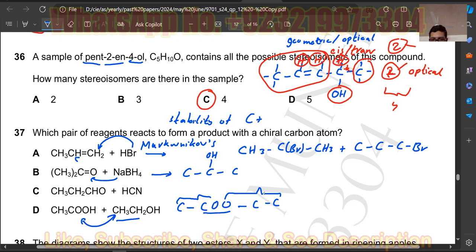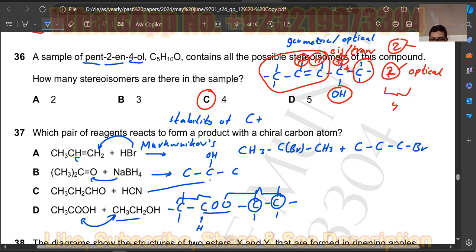Again, there is no chiral carbon because all the carbons have one or two similar bonds attached. It is CH3, it is CH2, and this has carbon double bonded oxygen and one bond over here and one atom over here, and this one has three, so no chiral carbon.